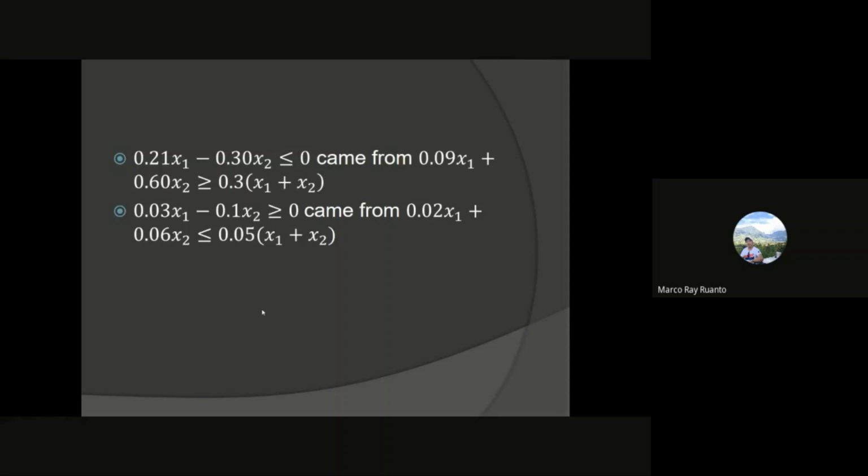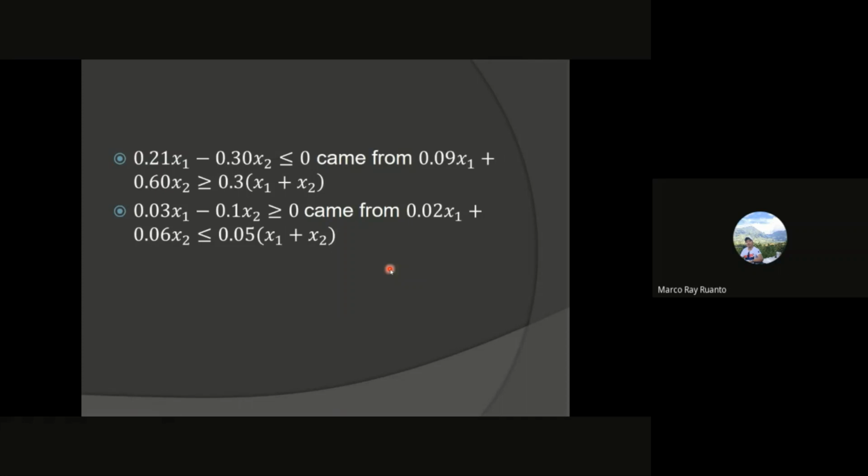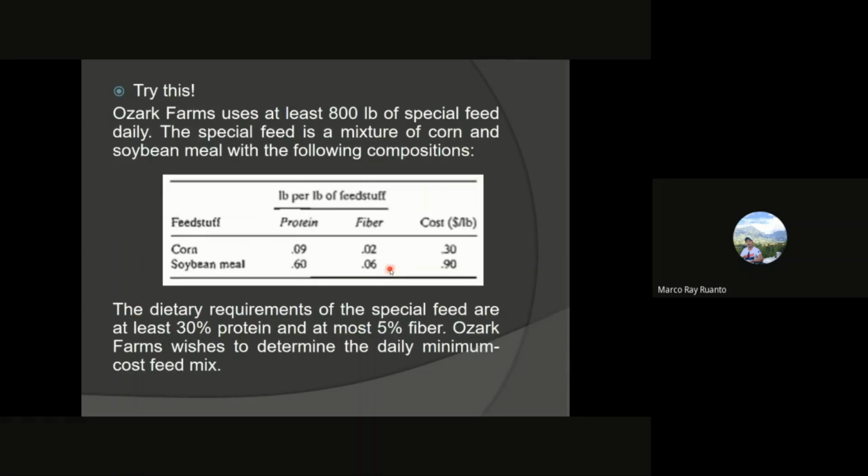And by the way, constraint number two and constraint number three, let me have a marker. This one is derived through this: 0.09 x sub 1 plus 0.060 x sub 2 greater than or equal to 0.3 times the sum of corn and soybean meal, the mixture.